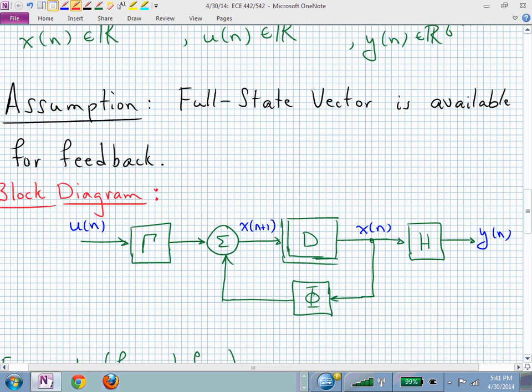But if it's a fourth order system, phi is going to be a 4 by 4. If we had one input, gamma now is a 4-row, 1-column vector or matrix. And if we had one output, h is a row vector. It's 1 high and 4 wide.